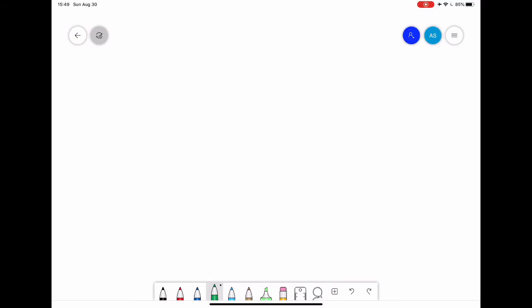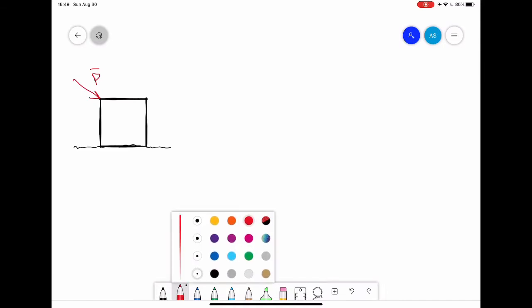Okay, here we have a box, a crate. Now it's on a rough surface. We have here a force pushing in this direction, but it says that this force is actually directed at an angle theta below the horizontal.